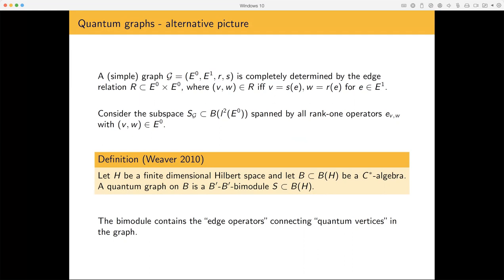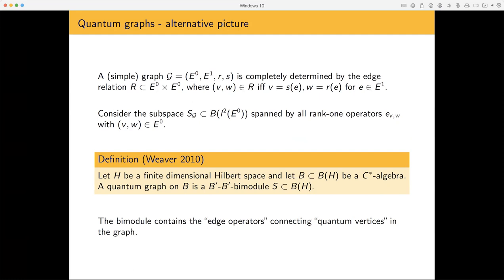But the S sub G does not appear in the definition. No, that's true. So these are independent things. In a sense, the first half of this slide is just background motivation, and the definition is independent of that. But the way to think about it is this set S in the definition.